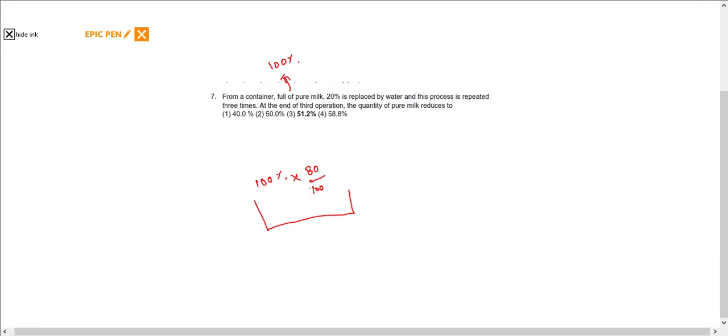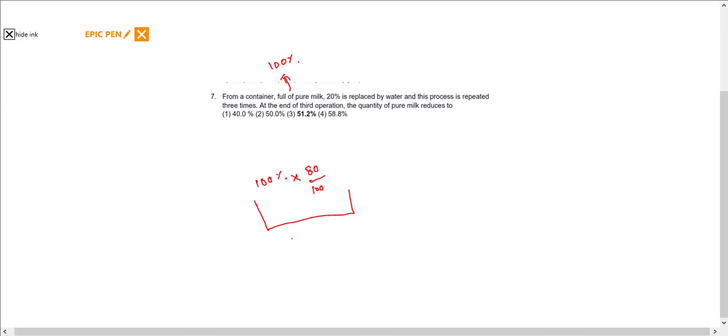So 80% of pure milk is going to remain after the first operation. And this process is repeated 3 times. So this is the first time, and I'm going to repeat this operation for further 2 times.